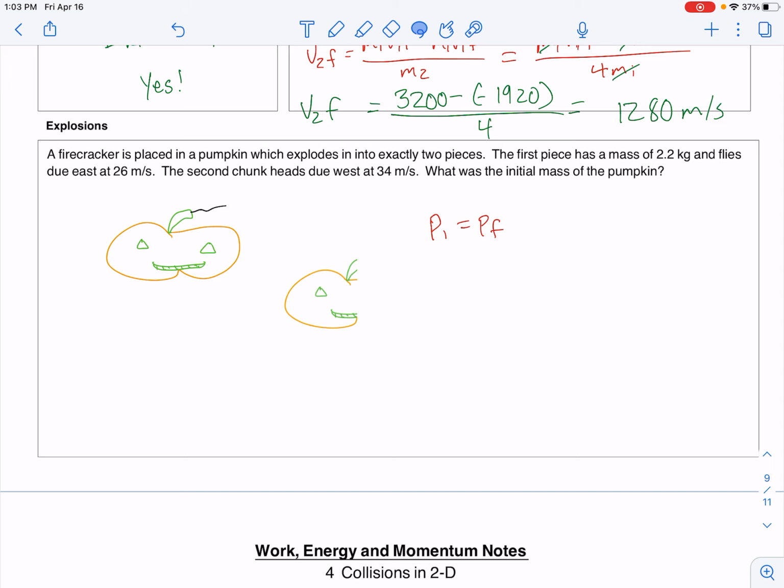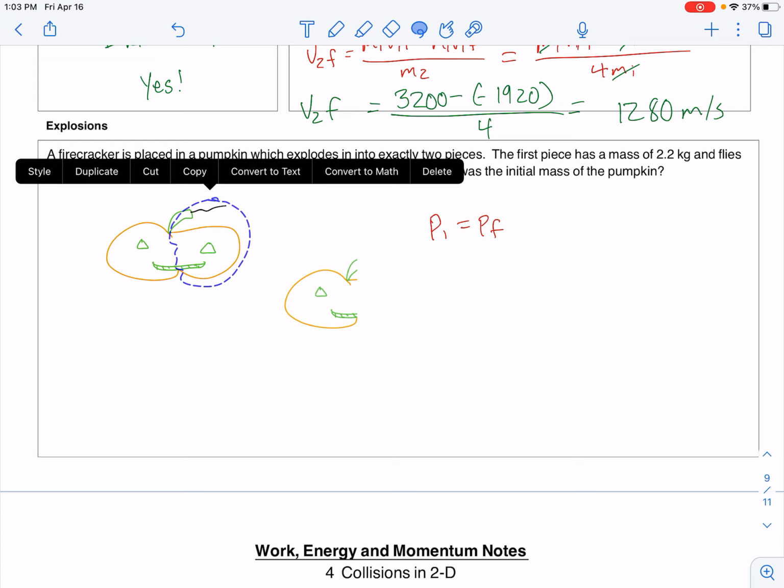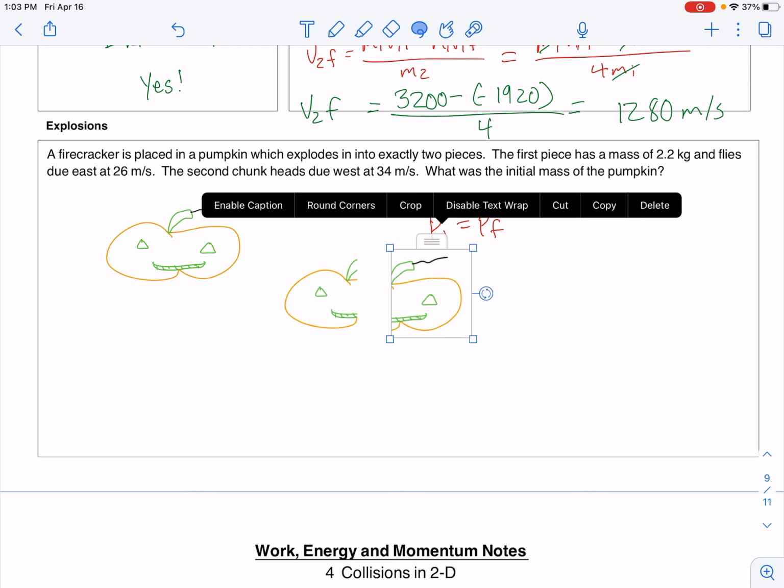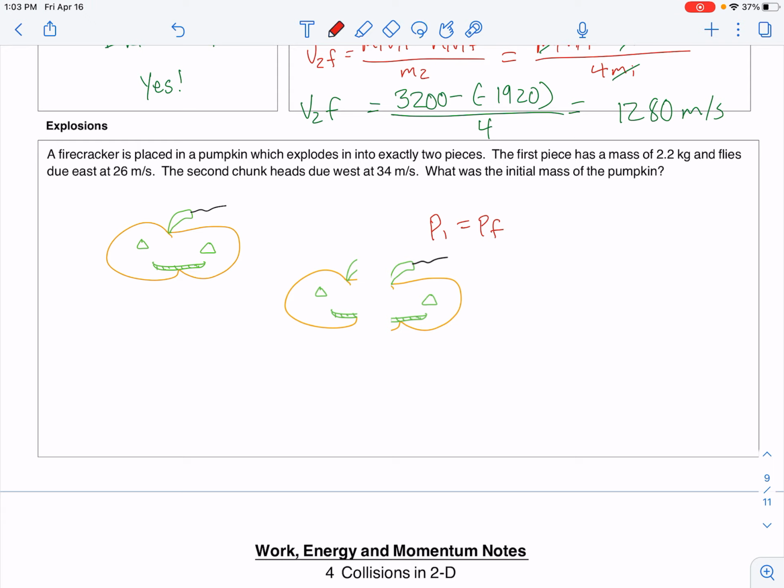I know that I end up with two ends of my pumpkin exploding and moving in opposite directions. Now, I'm not going to know the mass of either end, but I am given the velocity of both sides.